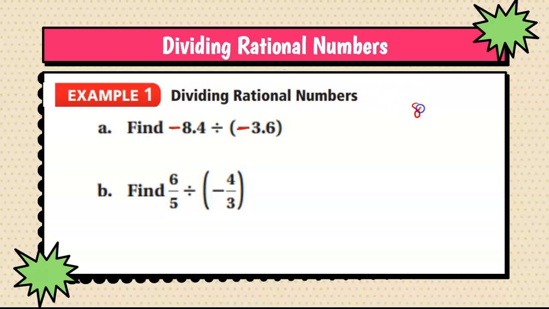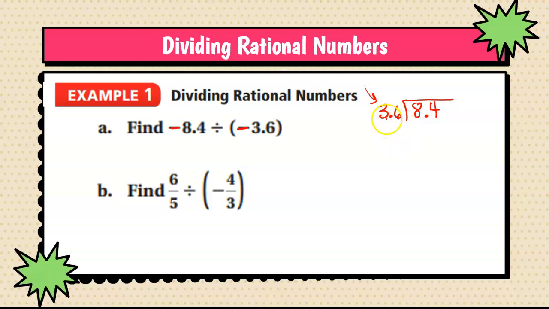This was something that came up last week when you were doing a little bit of work with that. If I have 8 and 4 tenths and I am dividing that by 3 and 6 tenths, I'm going to rewrite this so that the divisor, the number that is dividing into my 8 and 4 tenths, is a whole number.